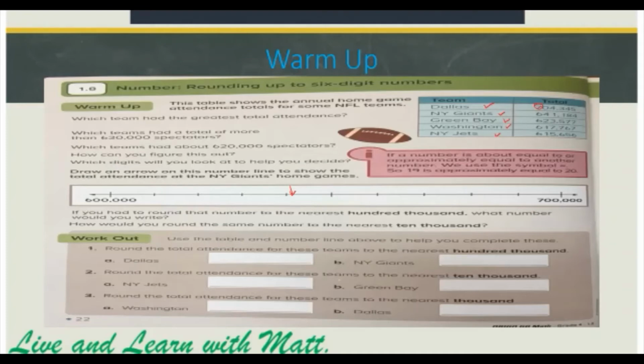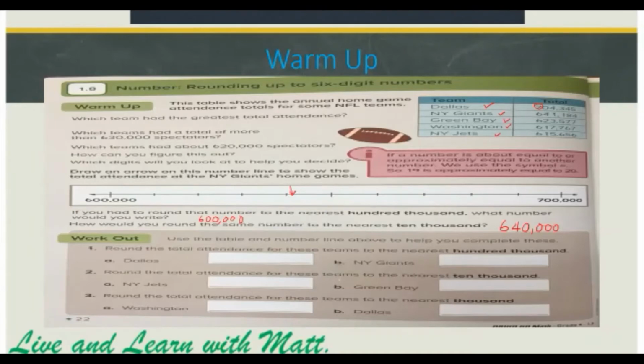So the New York Giants can be rounded up to 600,000. How would you round the same number to the nearest 10,000? So for the New York Giants, to the nearest 10,000 would be 640,000.